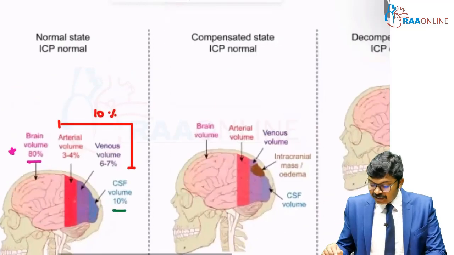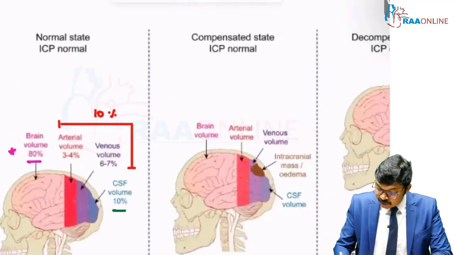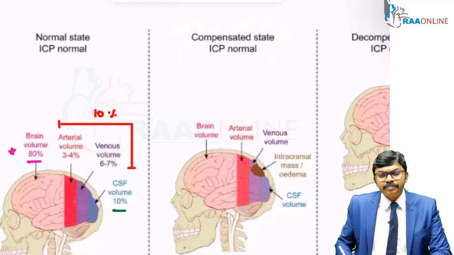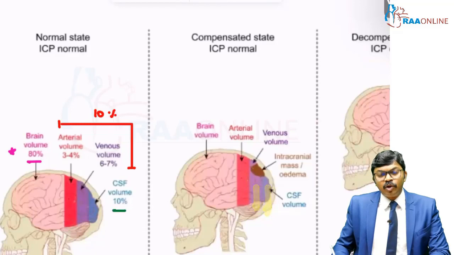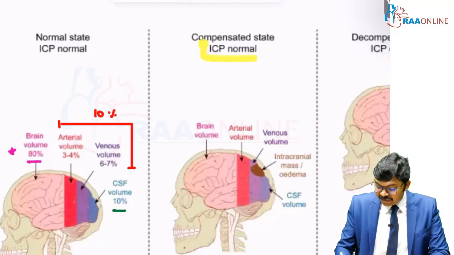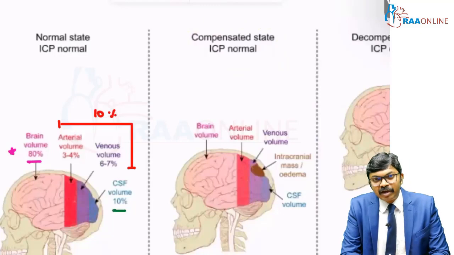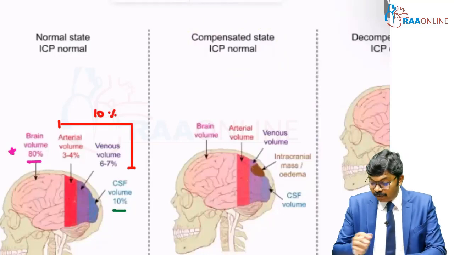This hasn't happened so far, and hence we call this a compensated state, because CSF has gone down, venous return has gone down, and the intracranial pressure remains normal, perfectly compensated by a drop in cerebrospinal fluid and a drop in venous outflow.